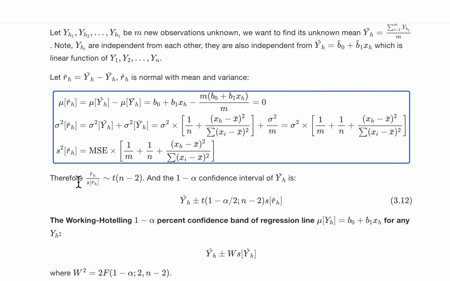So n-1 degrees of freedom is associated with SSTO, 1 degree of freedom with SSR, and n-2 is always with SSE.